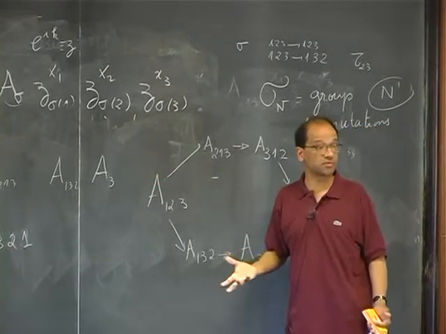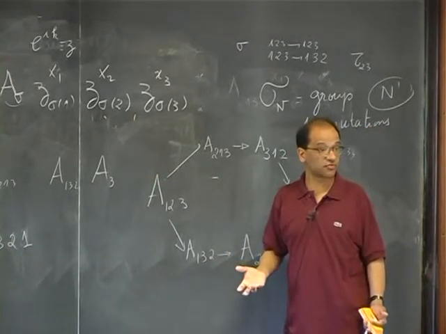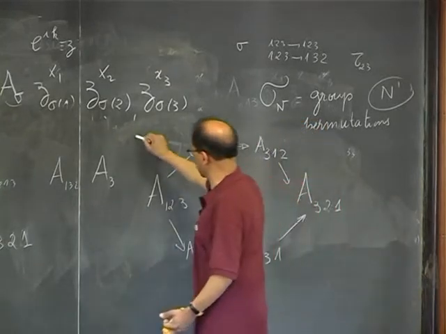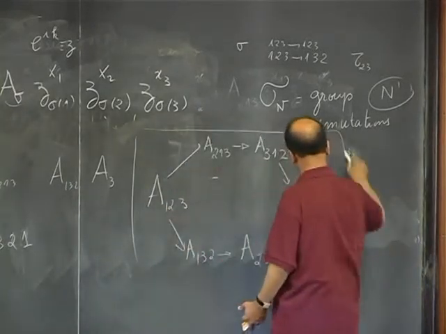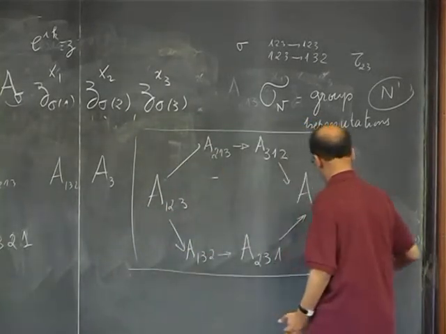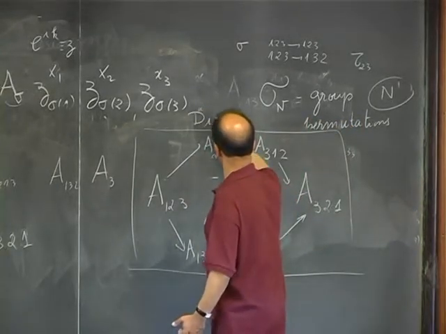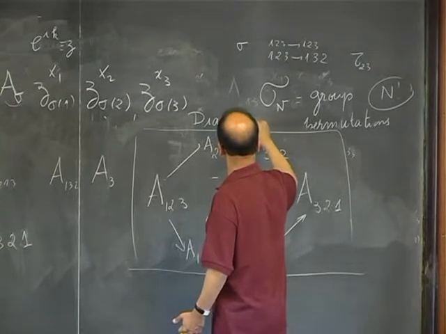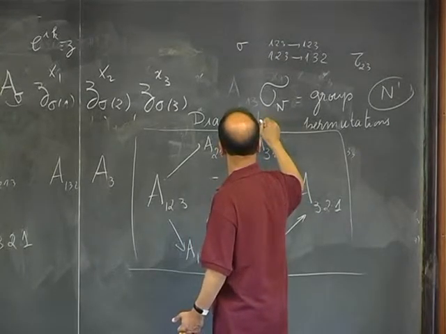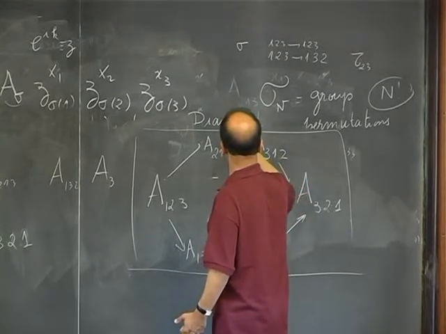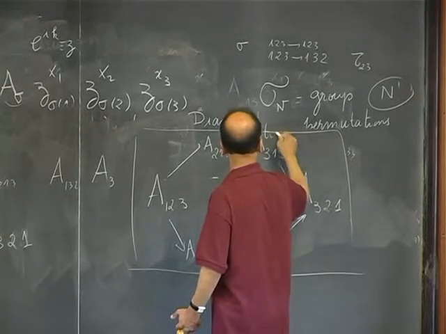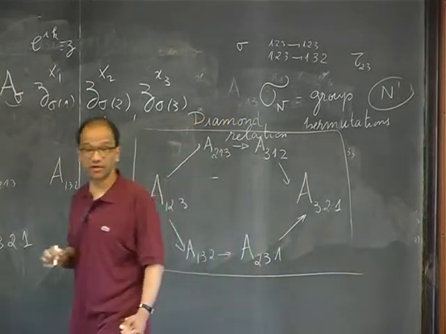This has to give the same result. Yes? So again, you have a lot of algebra which is hidden. So this relation is called a diamond relation, because it looks like a diamond. And it has to be satisfied.